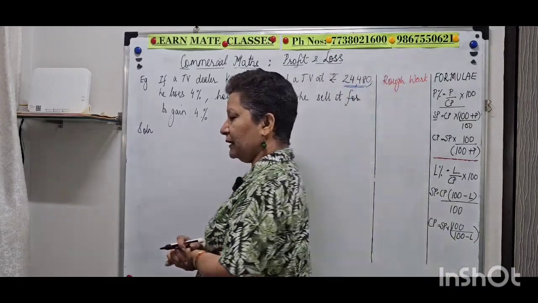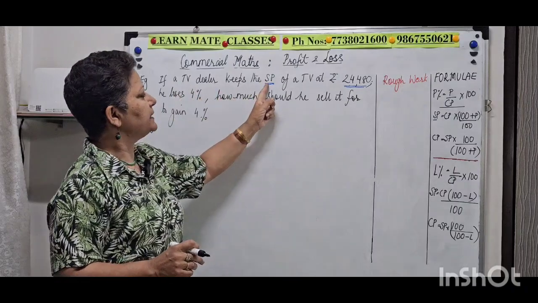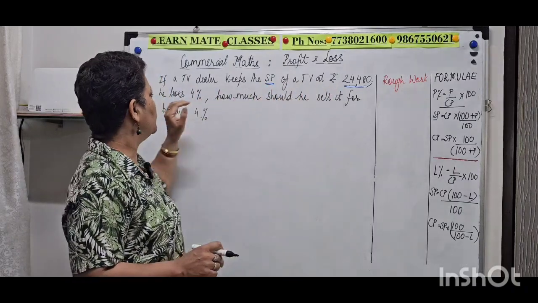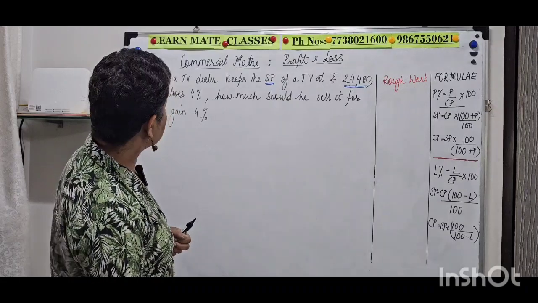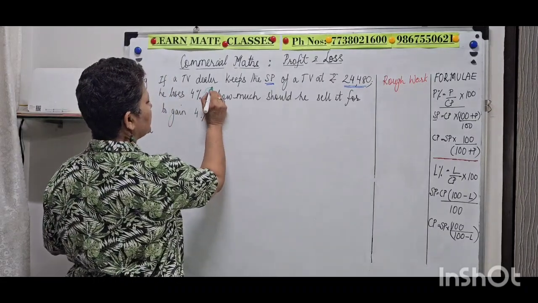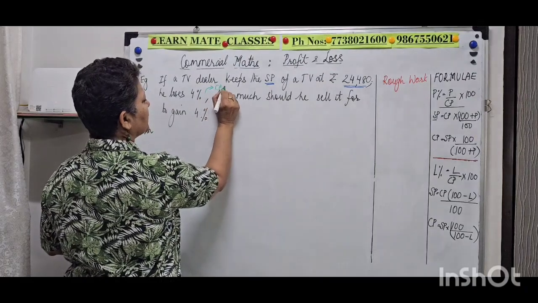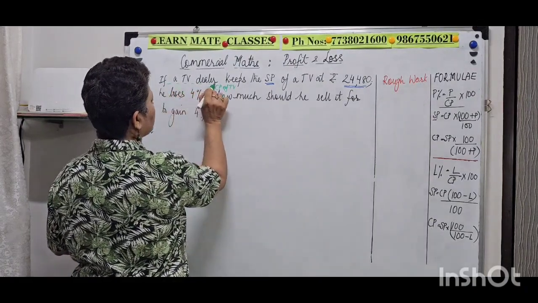So, with the first sentence, if a TV dealer keeps the selling price of a TV at this, he loses 4%. Can I actually find out the CP at this stage? Will this help me get the CP of the TV? This much of information which has been given to me.